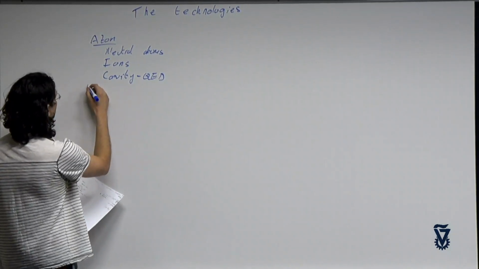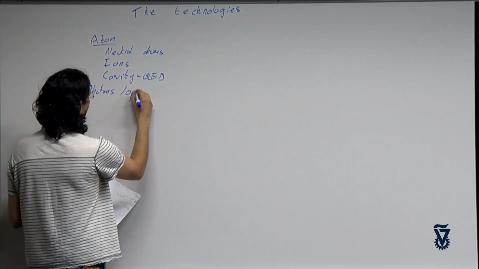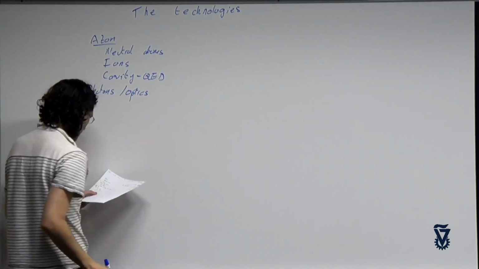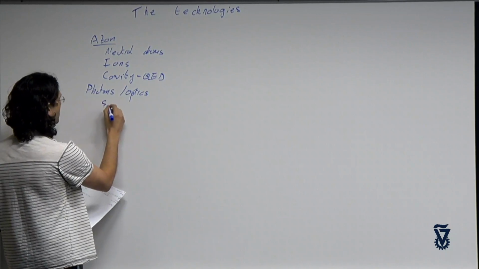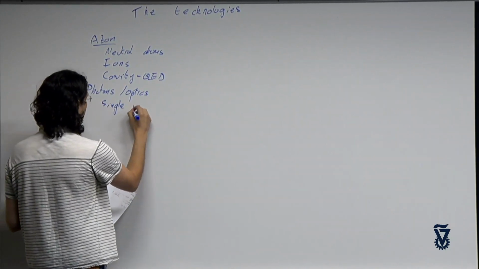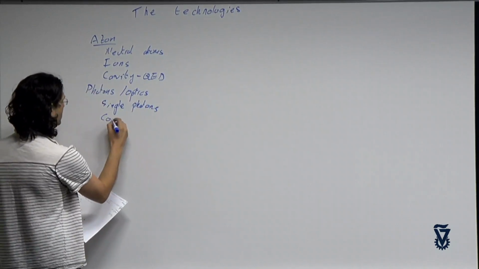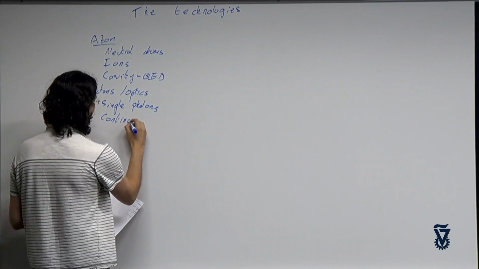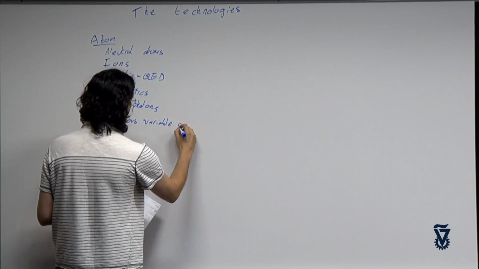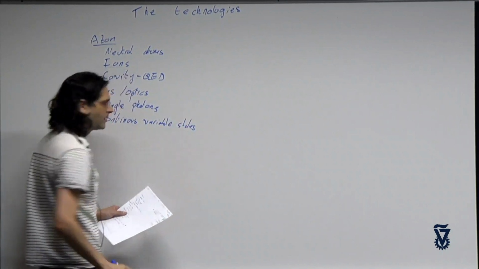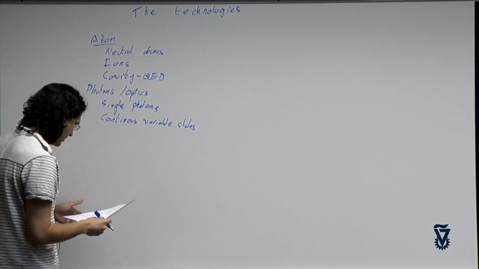There's photons, or optics, where you have manipulations of single photons, for example, or continuous variable states, like cat states, GKP states, and things like that, if that says anything to anyone.